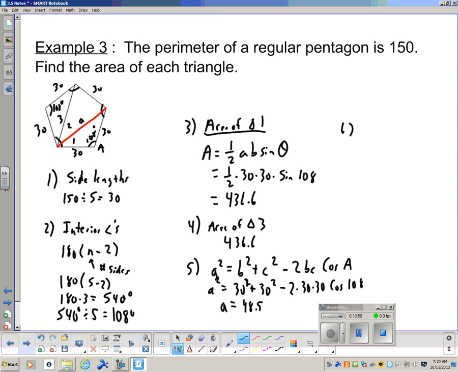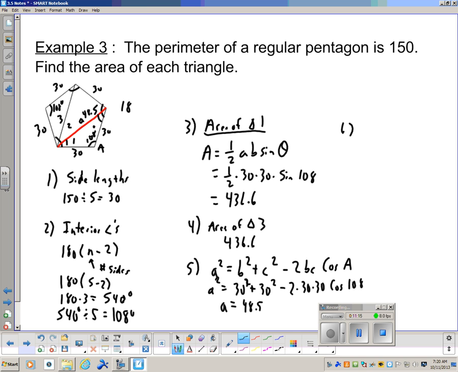So now I can go ahead and determine the area of that other triangle, because now we have this to be 48.5. And these two angles in here by the red line have to be equivalent to each other.